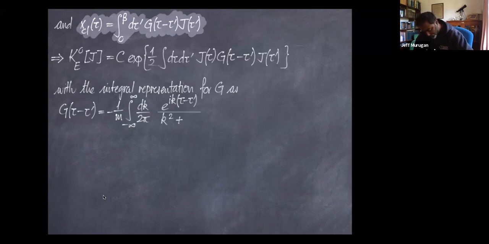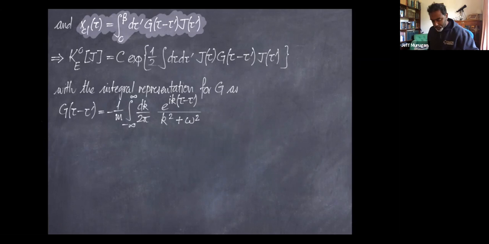Let's write a better omega. Okay, so that's the Fourier integral representation for G. And for our purposes, this will suffice for computing the leading order correction to the ground state energy, meaning I don't actually have to do the integral. The integral representation will be enough, and you'll see why in a little bit.